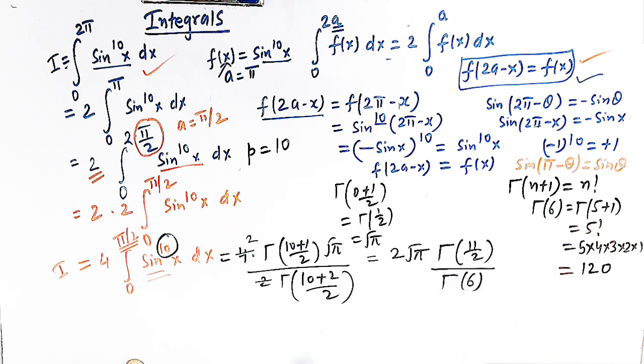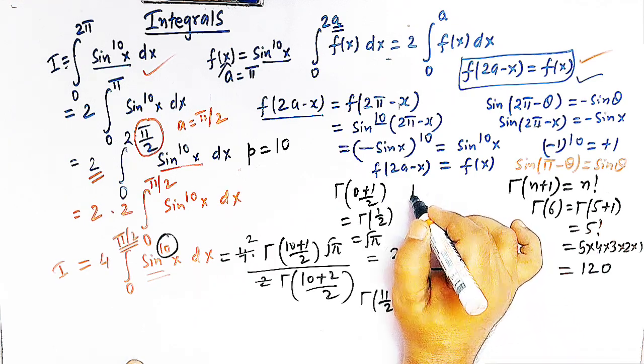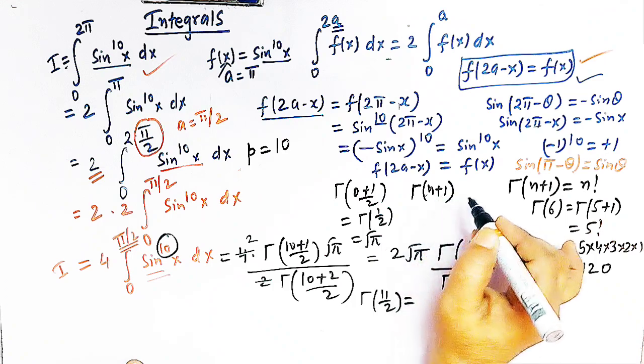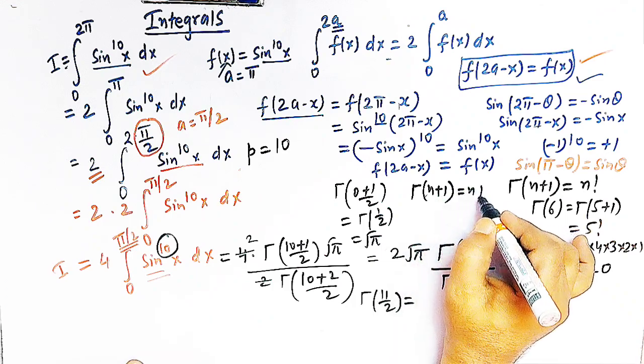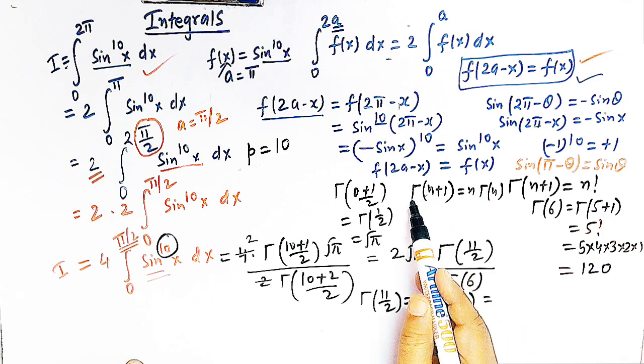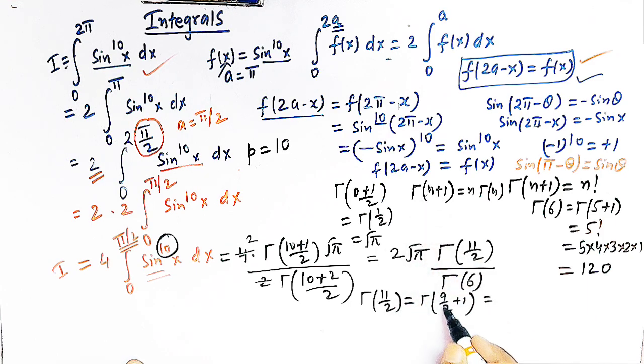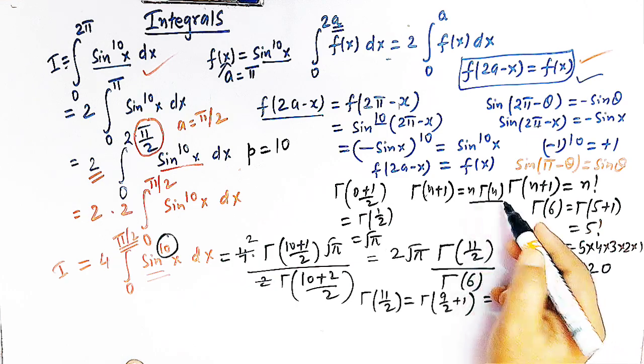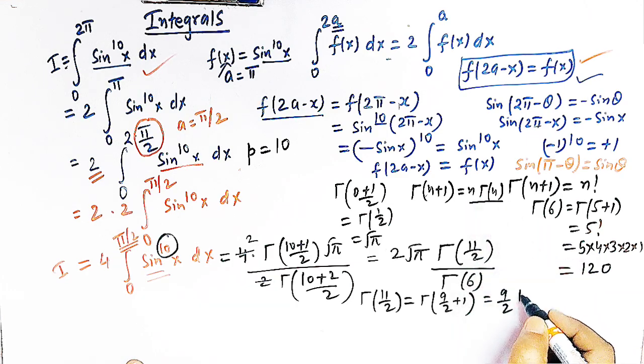And here we have gamma 11 over 2. Now gamma 11 over 2 can be simplified by using the result gamma n plus 1 is equal to n times gamma n. We can split 11 over 2 as 9 over 2 plus 1, so here n is 9 over 2, and we have 9 by 2 times gamma 9 over 2.